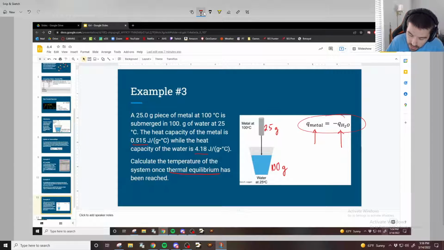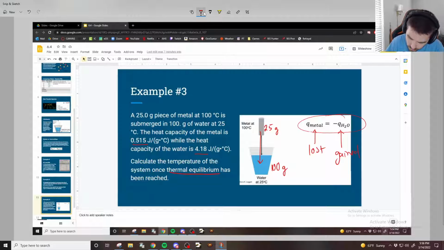Heat is going to be going from the metal into the water, because the metal is starting out hot and the water is starting out cold. They're going to meet somewhere in the middle. The heat is transferring from the metal to the water, so the heat lost by the metal is going to be equal to the heat gained by the water. That is what that is saying.